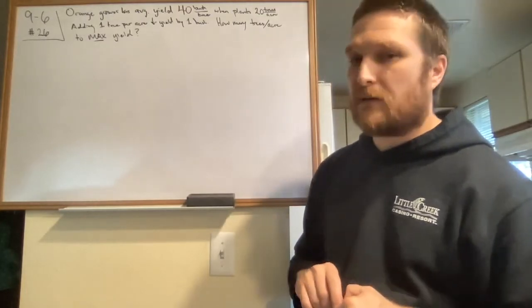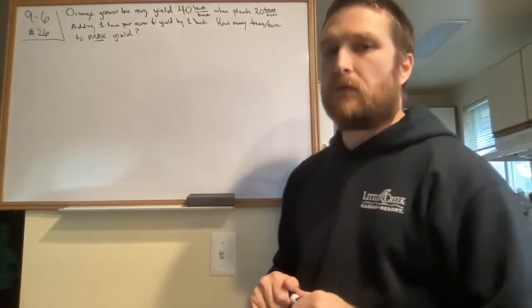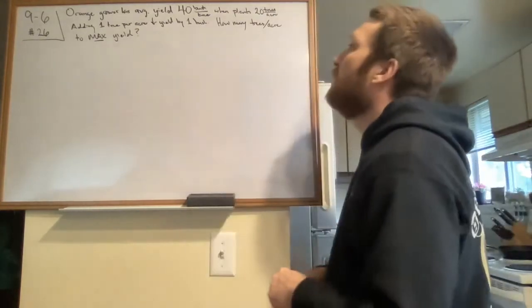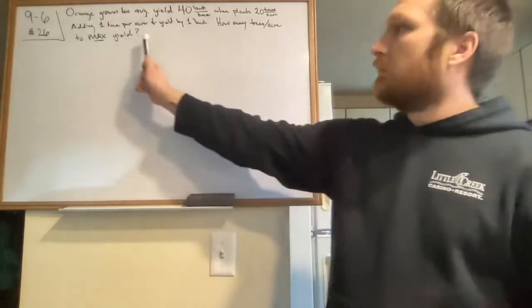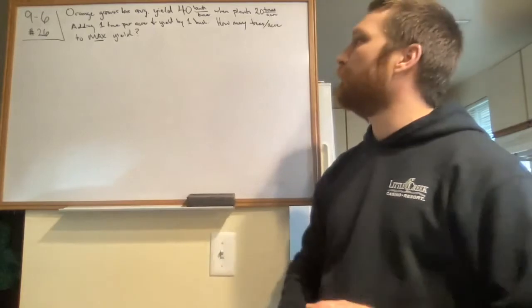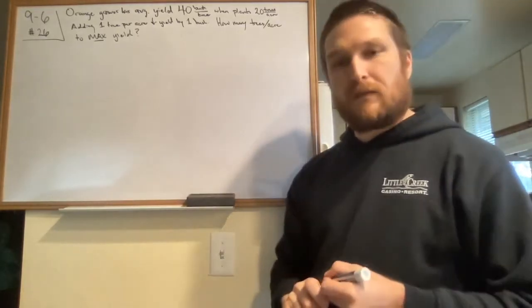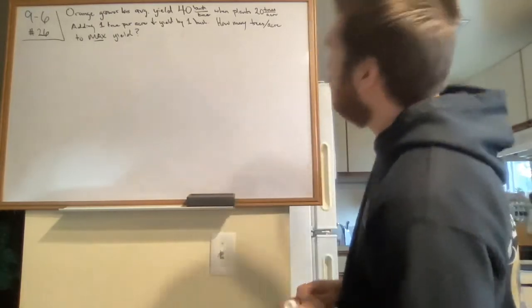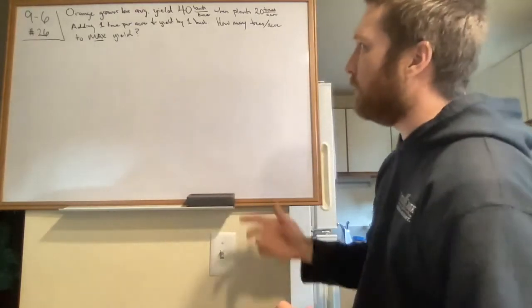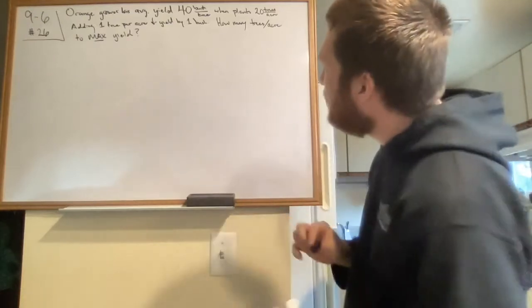to maximize the yield. So we want to identify the quantity that we want to maximize, and that is yield. Okay, so let's write a function which gives us the yield. What do we know about the yield? It says that we get 40 bushels per tree.